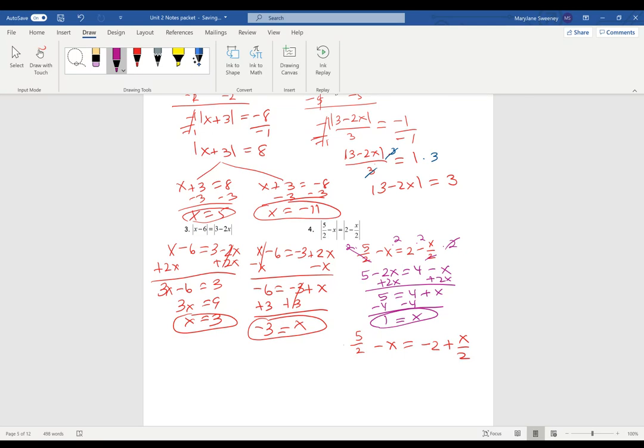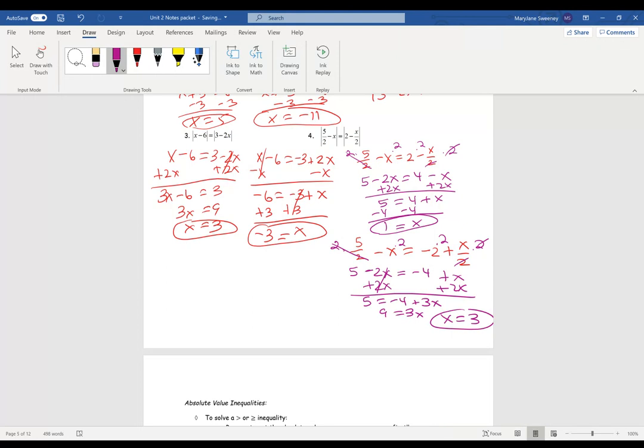I could come down here, do the same thing, everything times 2 to get the denominator out of there. And then, let's see, add 2x, 9 equals 3x, x is 3. So those would be my two answers there.